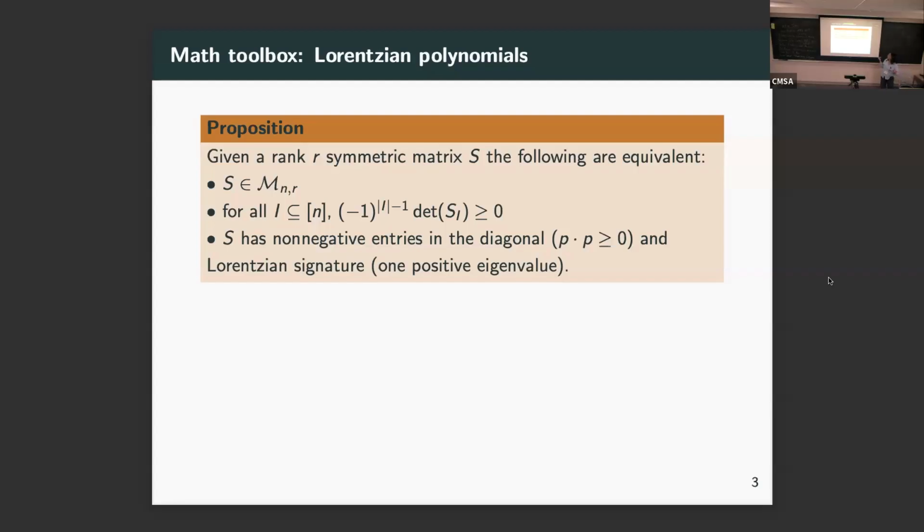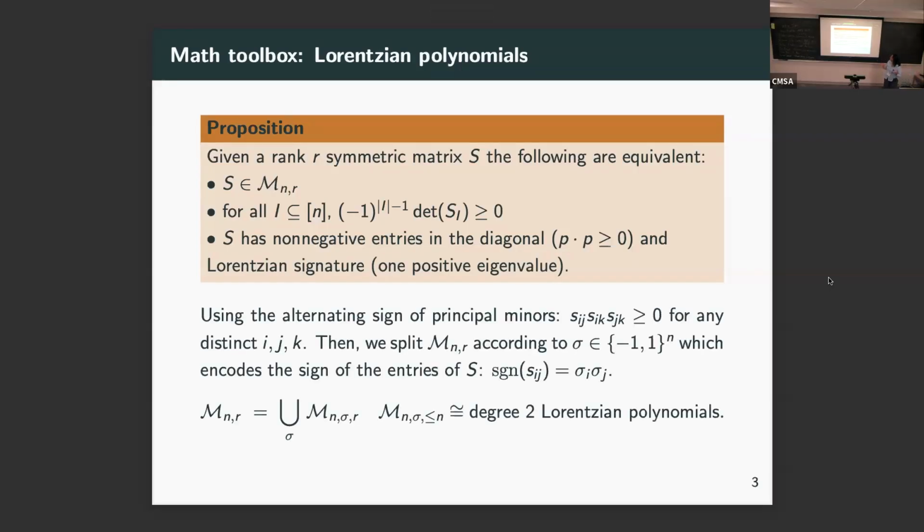This we can view as principal minors, and then the signs have to be alternating. But then also this is equivalent to having non-negative entries on the diagonal and it having Lorentzian signature. This last thing, when we additionally impose that all the entries are positive, is exactly the definition of degree 2 Lorentzian polynomials.